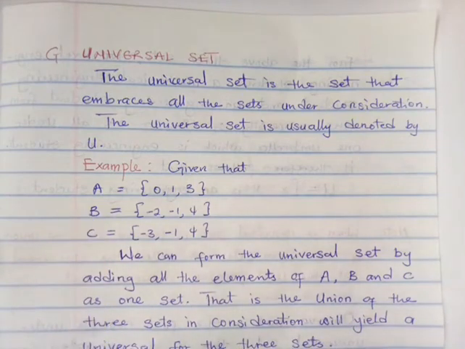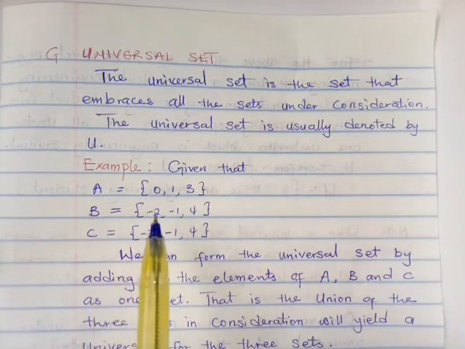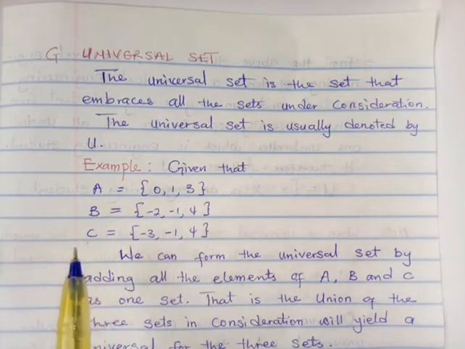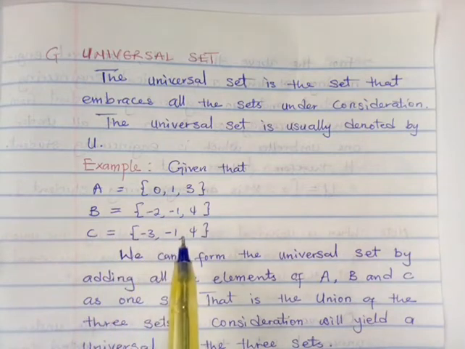If we are given a set A equal to {0, 1, 3}, set B equal to {-2, -1, 4}, and set C equal to {-3, -1, 4}, we can form the universal set by adding all the elements of A, B, and C as one set.